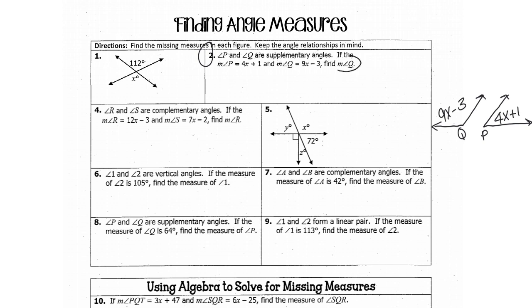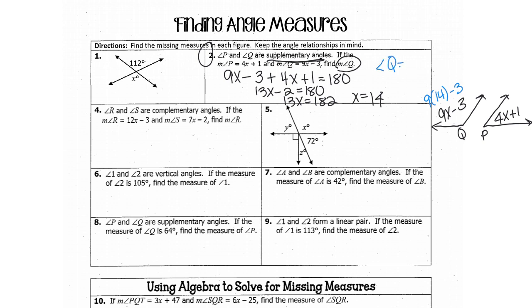We need to find the measure of angle Q. So to do that, we need to find x. And since they are supplementary, that means that they add up to 180 degrees. So we get x is 14. So we plug that in for our x, and we get the measure of angle Q is 123 degrees.